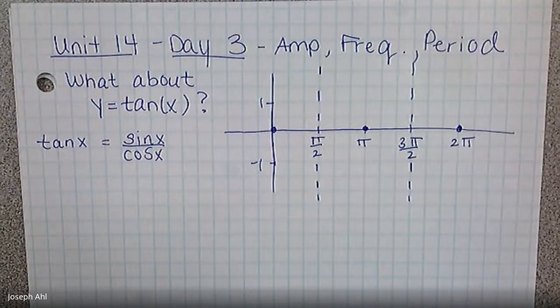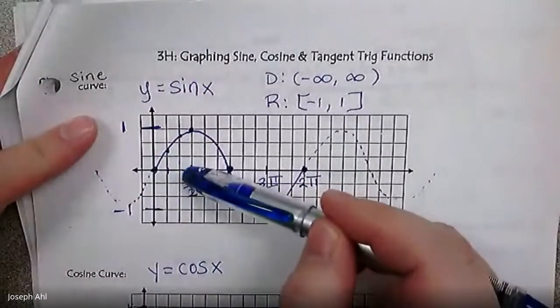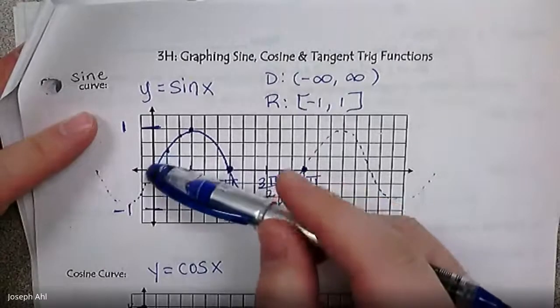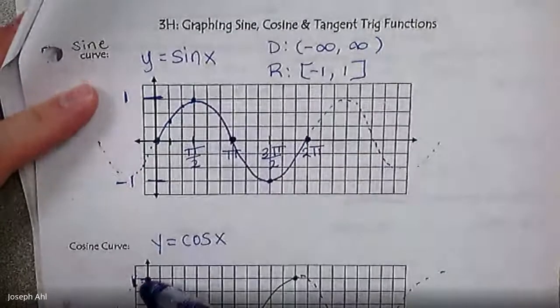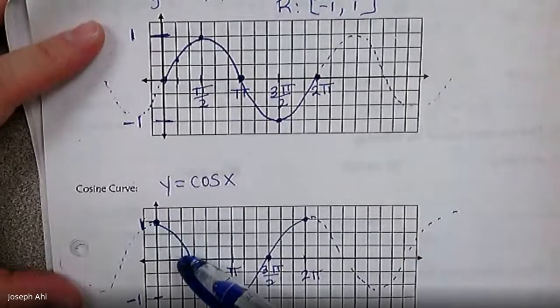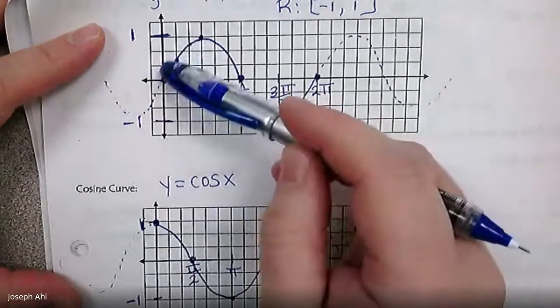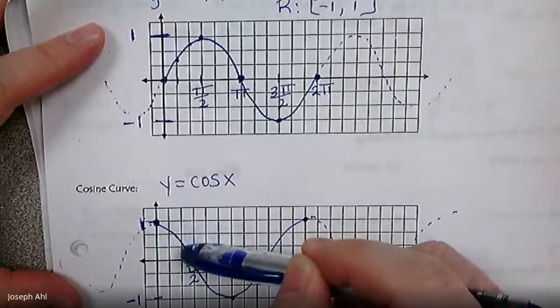The last thing I'll have you think about in order to generate the graph is let's just look at what's happening in the first section from 0 to pi over 2. What we notice is that the sine curve is positive and increasing. The cosine curve is positive, but it's decreasing. So if I think about the fact that the graph I'm trying to generate is sine over cos, we have something that's increasing over something that's decreasing.